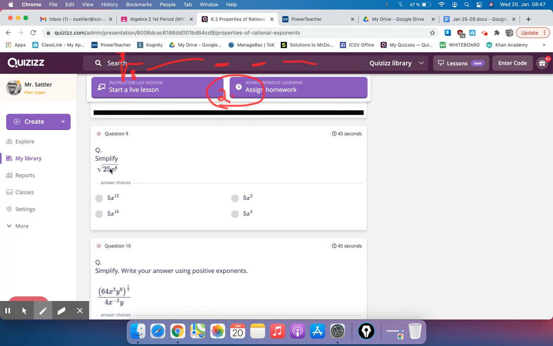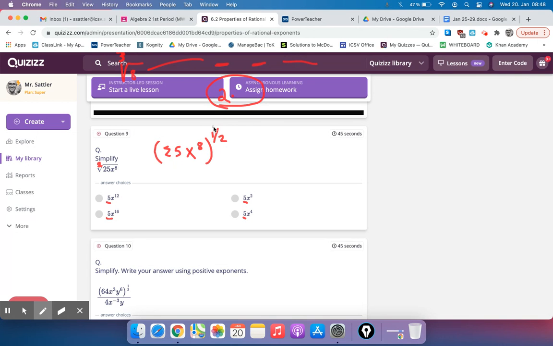Question 9, so similar question. Square root of 25, you can sort of ignore this part for now. Square root of 25 is 5. That's why all these answer choices have a 5 in them. But then this x to the 8th part, you want to think of this as 25 x to the 8th, all raised to the 1/2 power, because square root is to the power of 1/2.